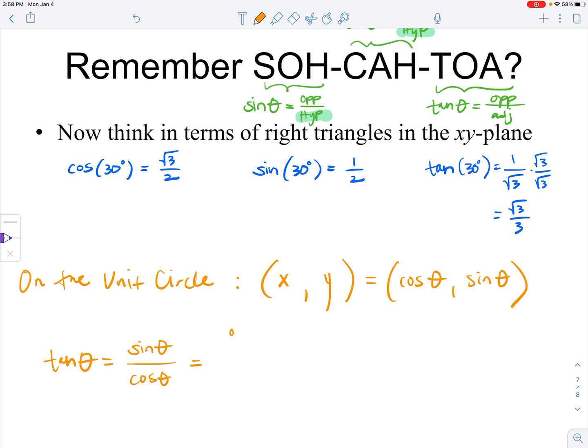And notice, if we're referencing SOHCAHTOA, that would be opposite over hypotenuse divided by adjacent over hypotenuse, where the hypotenuses would end up canceling, right? Leaving you with opposite over adjacent.